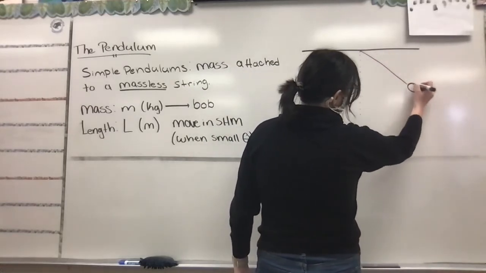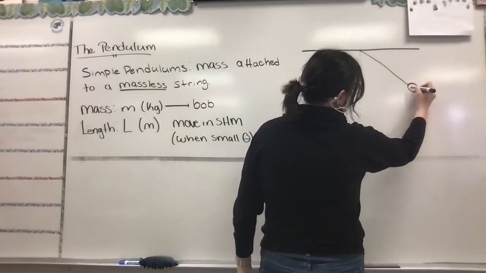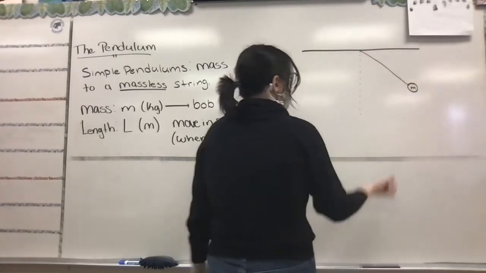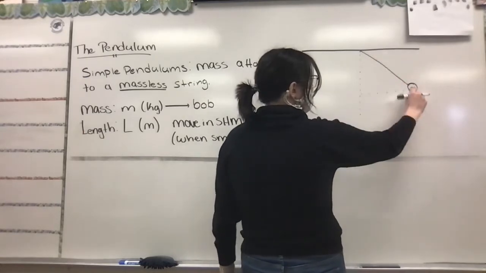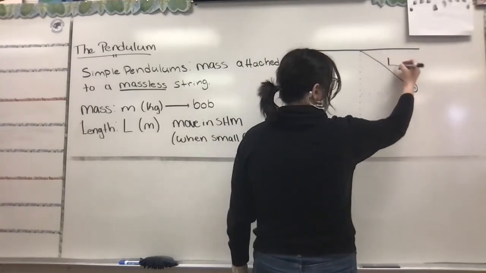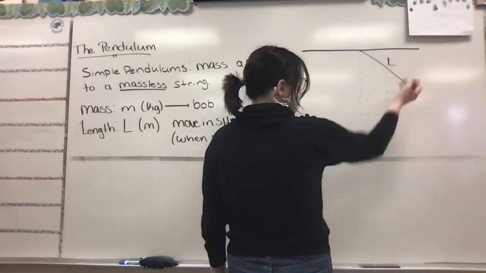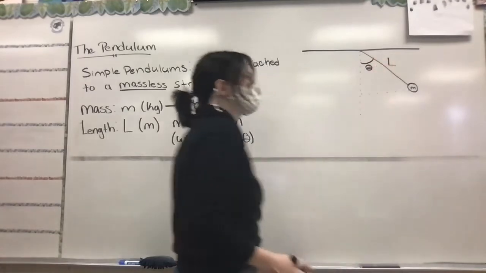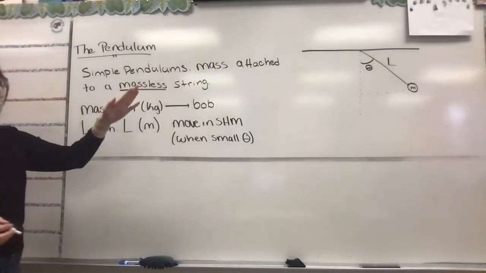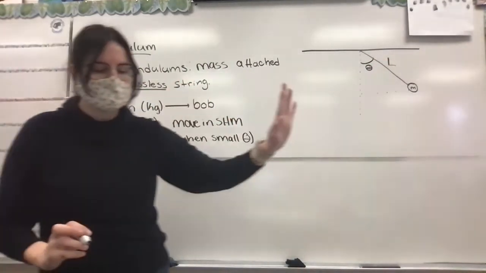No, they swing off to the side. So here's our mass, here's our pendulum. This string is represented by an L for the length. Our bob is an M, and our theta is right here. It's from the equilibrium over to wherever we have swung.